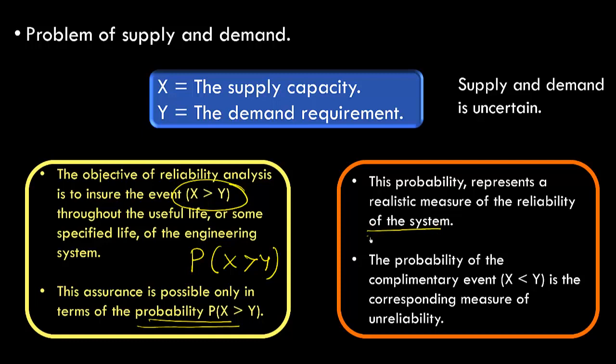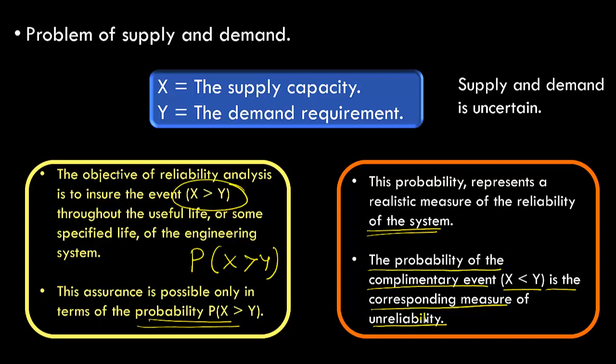The complementary event, 1 minus the probability of reliability, is the probability of failure. The probability of the complementary event, X is less than Y, is the corresponding measure of unreliability, often called probability of failure.